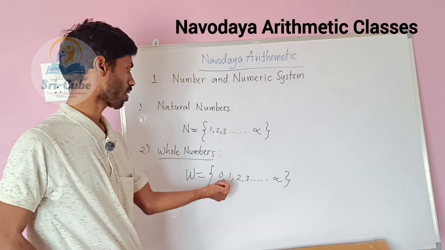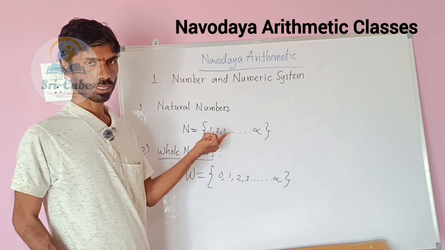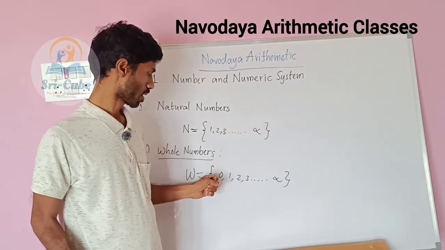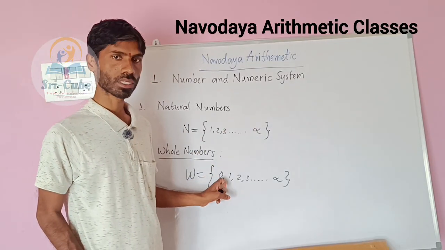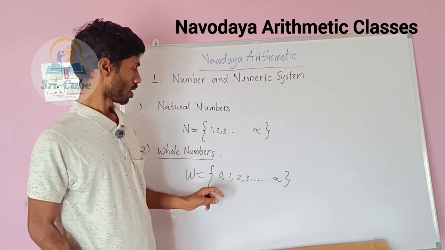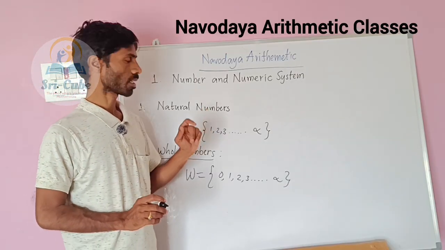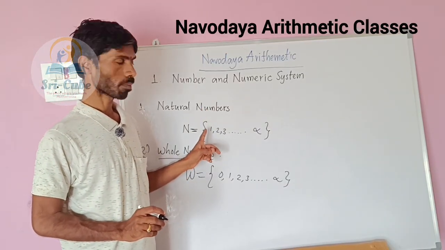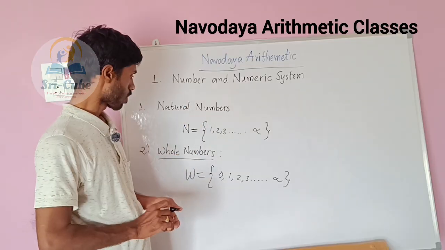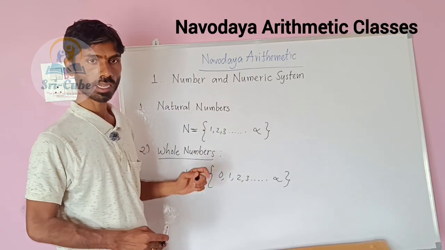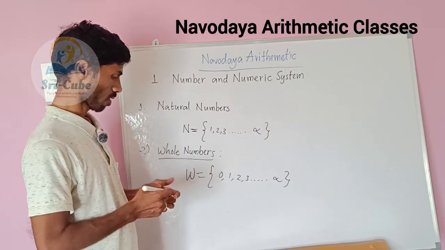Natural numbers start from 1 and go up to infinity. Whole numbers start from 0. What is the smallest natural number? That is 1, because it starts from 1. What is the smallest whole number? It starts from 0, so 0 is the smallest whole number.